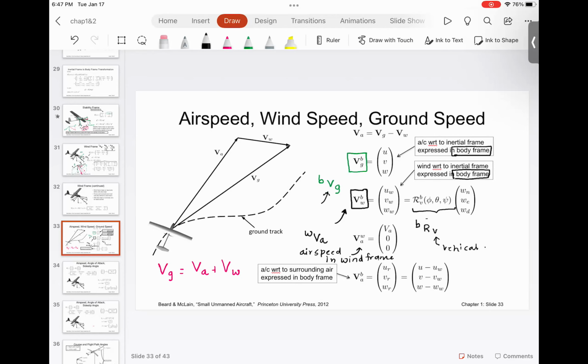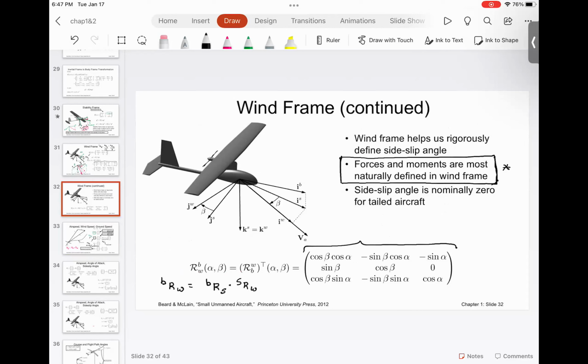And I just want to take you here. I want you to understand this airspeed in the wind frame. Can you see that it is aligned with IW? Can you see that? So this VA does not have any component in JW or KW.